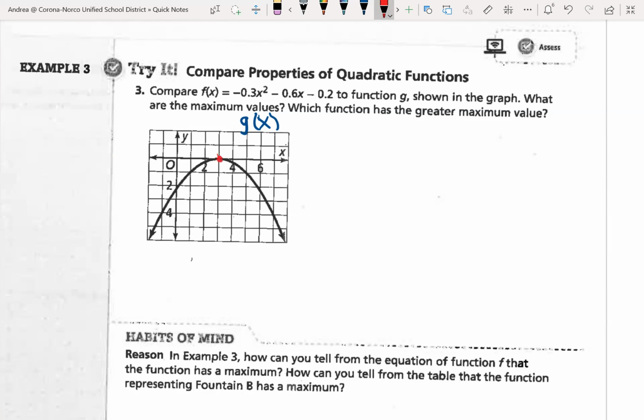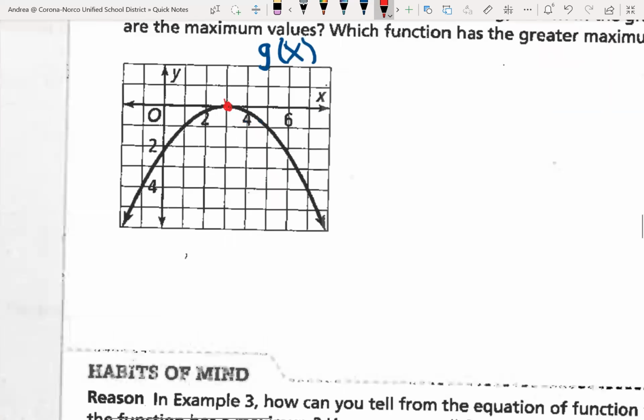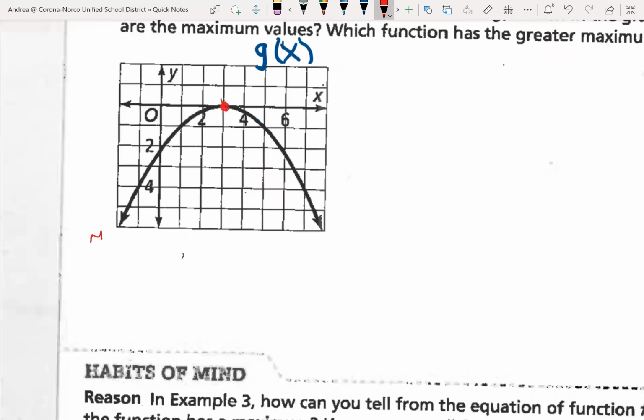Okay, so let's write that in. Value. So in this case, the maximum y value here is 0. Any questions over that?